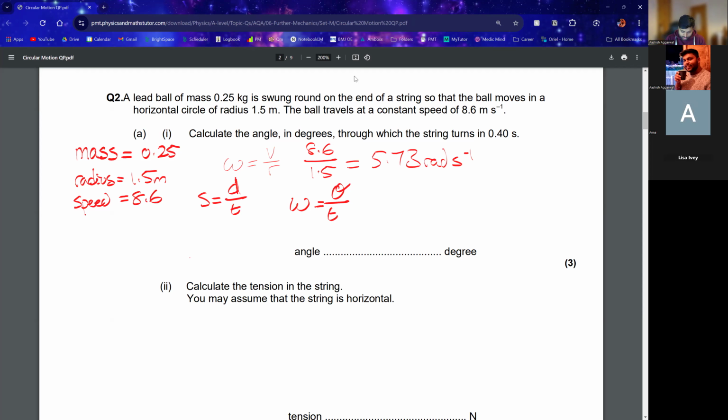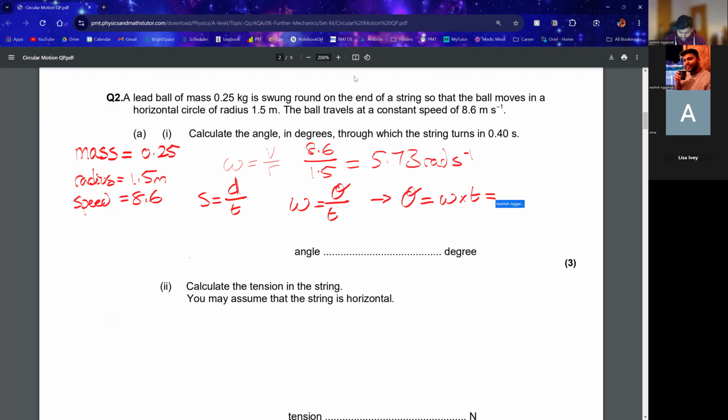So we rearrange this to make the angle the subject. What does this become? Theta is equal to omega times time. Exactly.